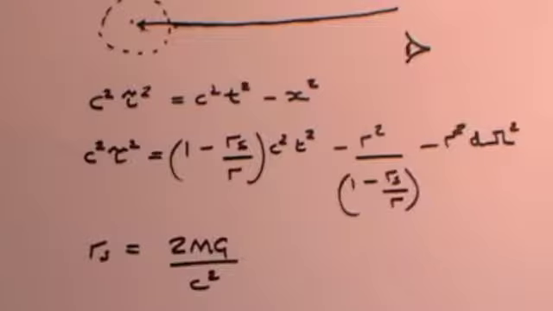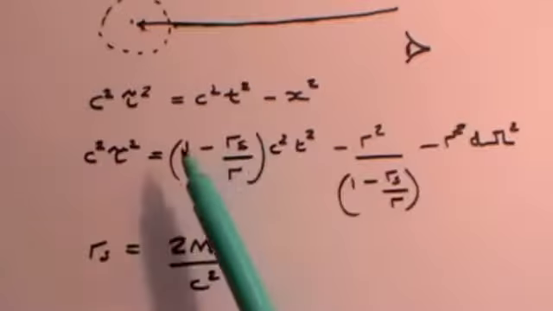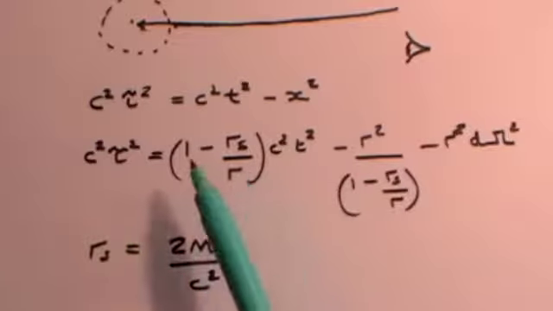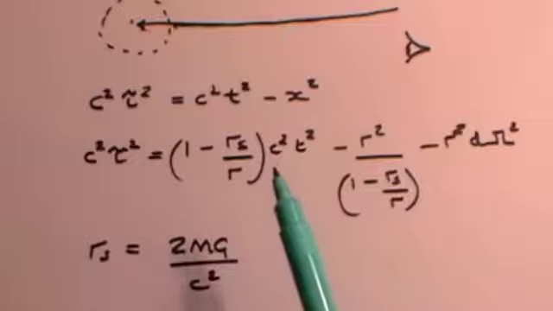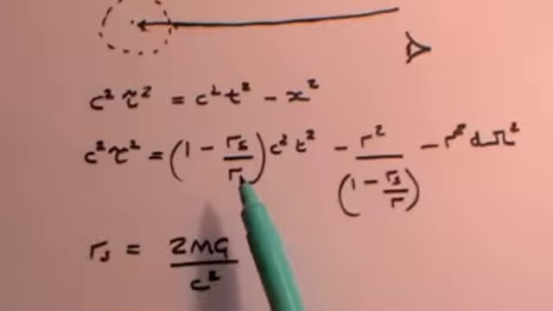So now you can see that two things happen. There are peculiar things happening. When r is equal to rs, this term becomes 0 because rs over rs is 1 and 1 minus 1 is 0. You also get funny things happening when r itself is 0, in other words, when you hit the black hole.